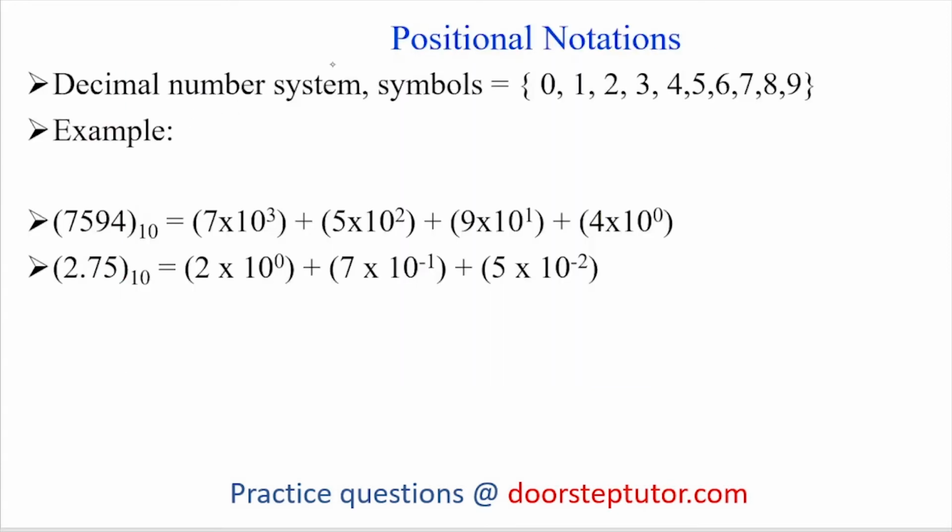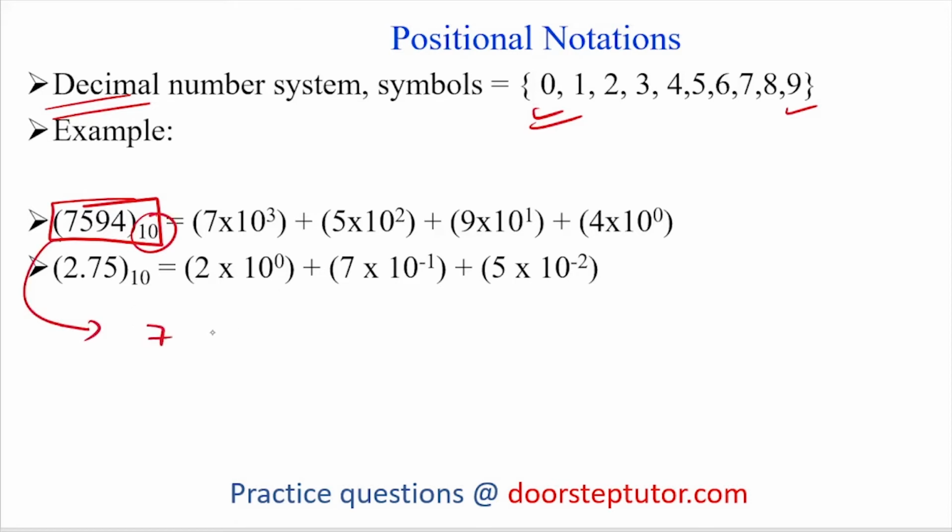Let's discuss the positional notations in a given number system. For example, in a decimal number system, we know the symbols are 0, 1, 2, 3, 4, 5, 6, 7, 8, 9. Suppose the number given is 7594, which has base 10, that is, it is a decimal number. So how do we read this number?